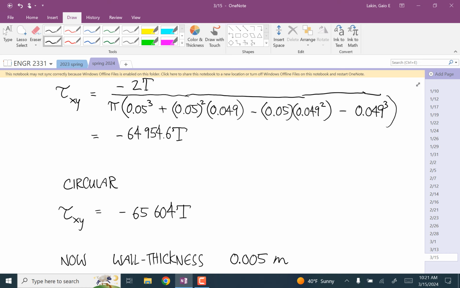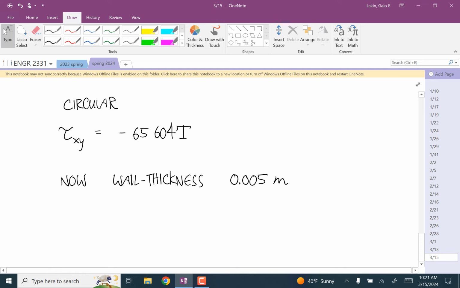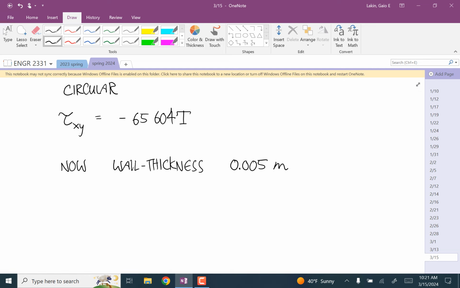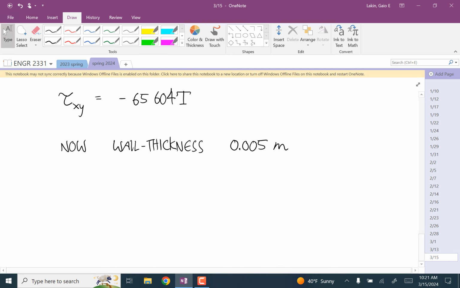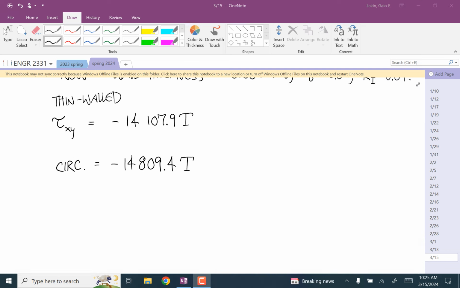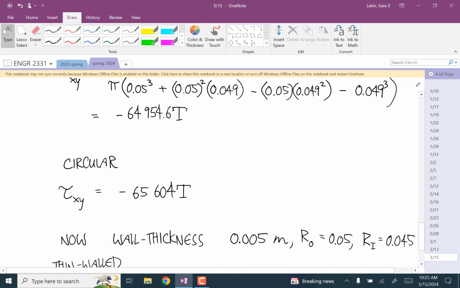Okay, so now we're going to do it for this bigger value. So for the thin-walled, what was the percentage error here?